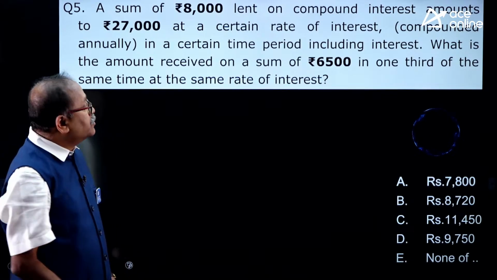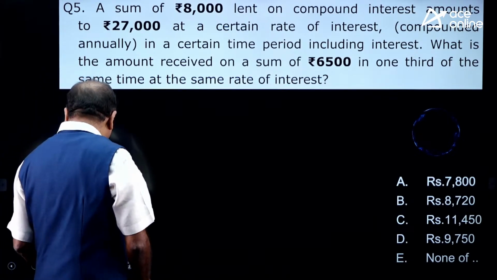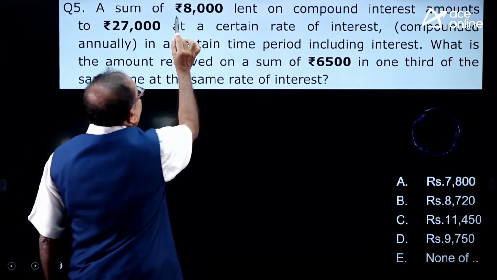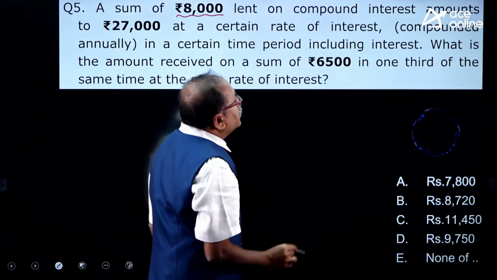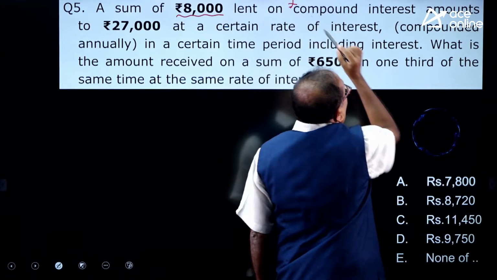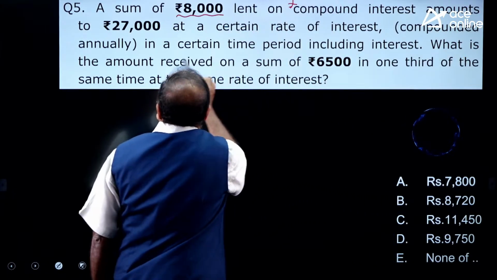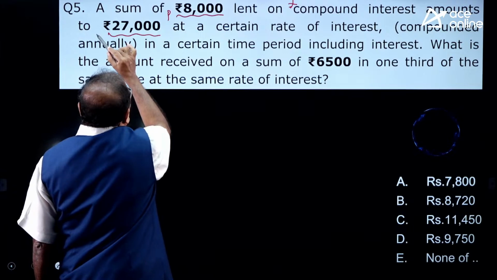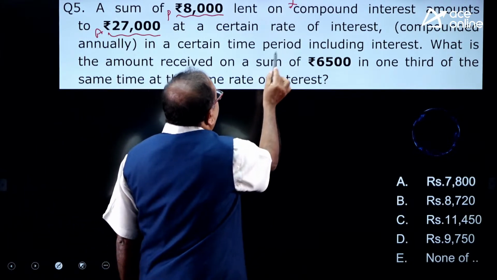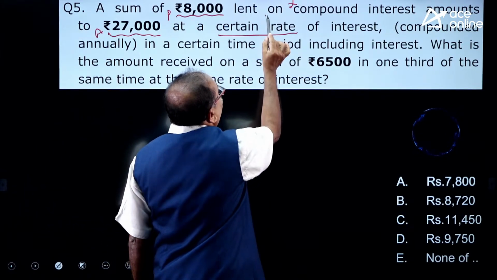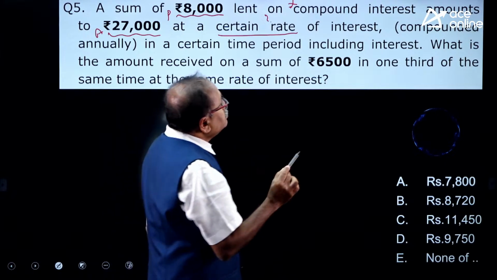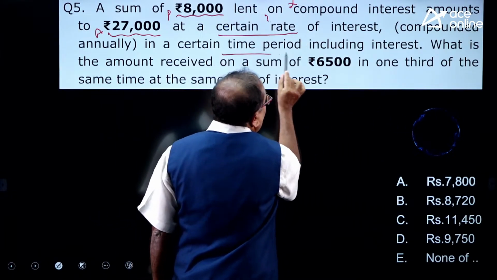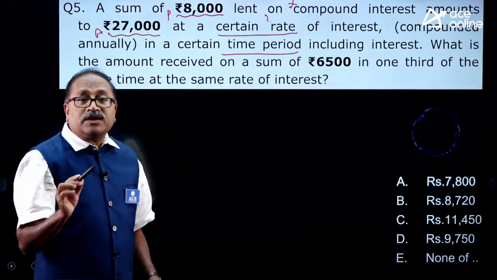Once again I will read the question and then I will give some time for you to answer it. A sum of rupees 8,000 lent at compound interest amounts to rupees 27,000. So we have the principal and the amount at a certain rate of interest. We do not know the rate, and compounded over a certain period of time, which we also do not know.